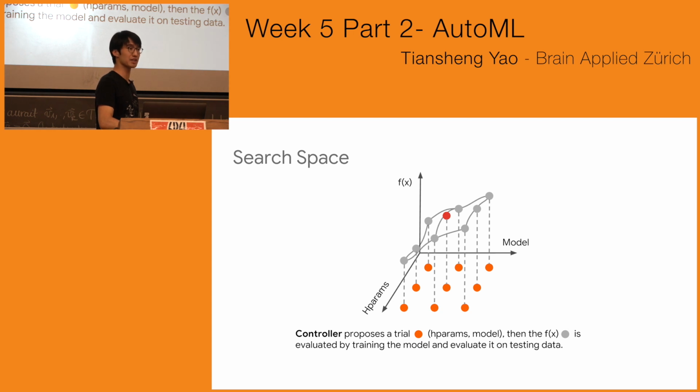This is what you get from training and evaluating on your test set. Is this clear? How black box optimization relates to the AutoML problem? Questions?